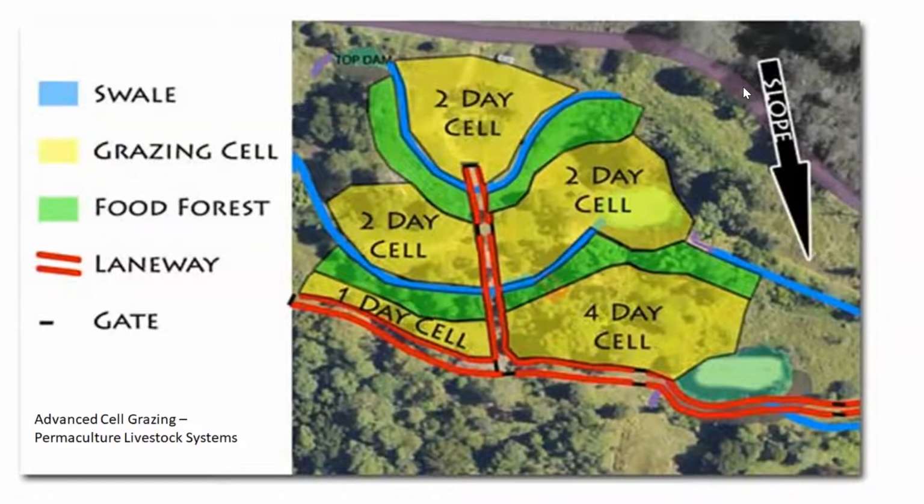And then the blue ribbon is where we can have stormwater swale that will help us treat some of that really dense nutrient content and provide liquid fertilizer for the food forest, which is the green ribbon there. So the idea is to rotate the animals so that we don't allow the animals to continue to trample on the same pasture and make it barren ultimately.